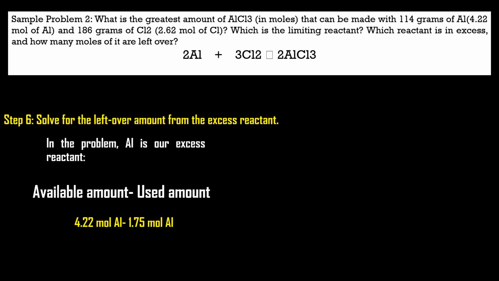And these will be the values. We have 4.22 moles of aluminum, which is the available amount of aluminum in the said reaction, and the used amount is 1.75 moles. We subtract the two values and the leftover of aluminum is 2.47 moles.